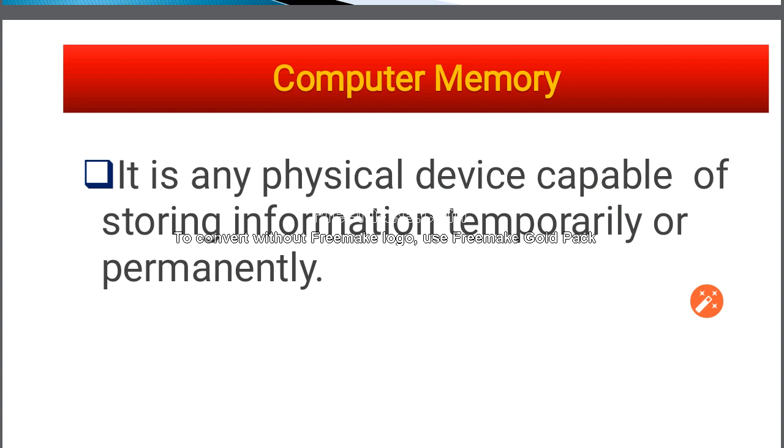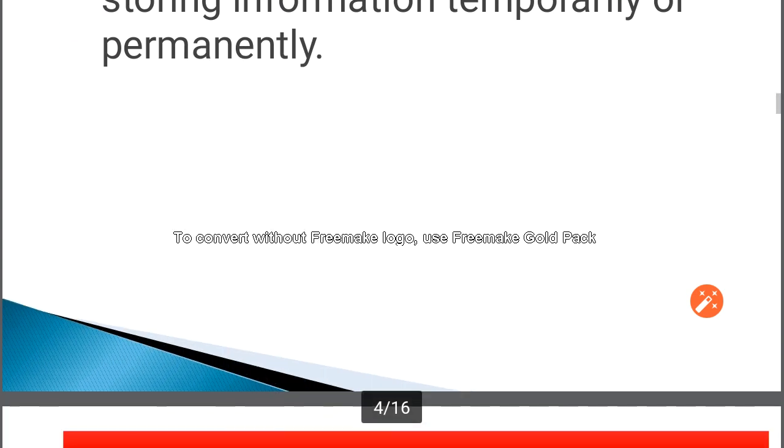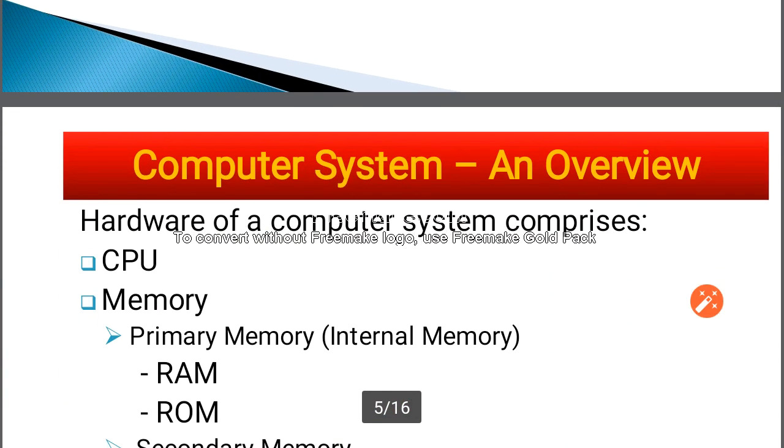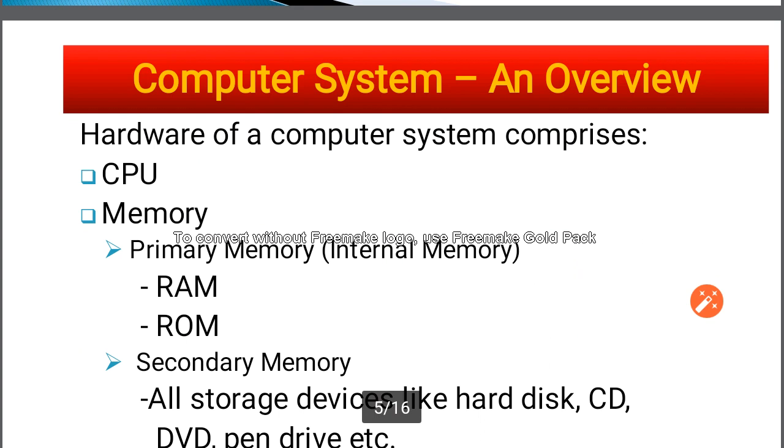It can store some information temporarily, like RAM, and some information permanently, like the hard disk, the secondary memories. We will be covering the full-fledged concepts of computer memory and its units in the coming slides. Before that, let us have an overview.